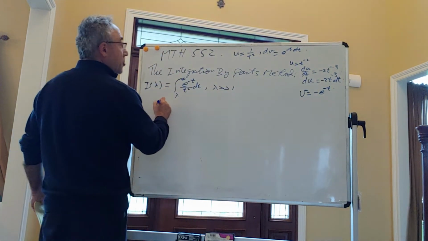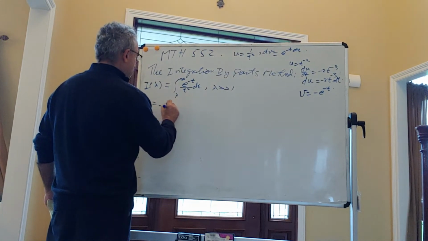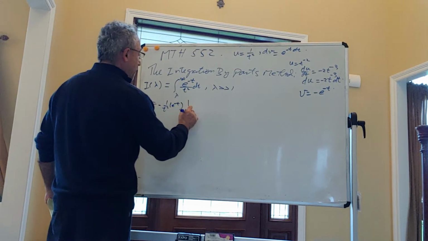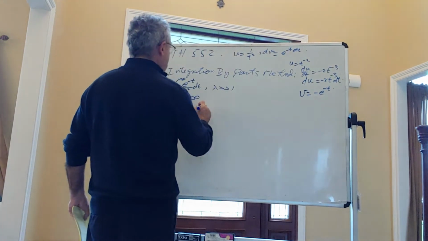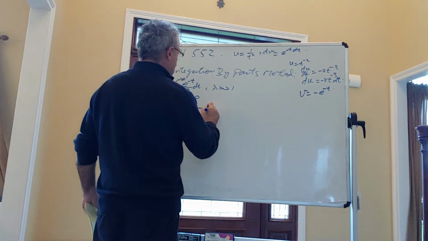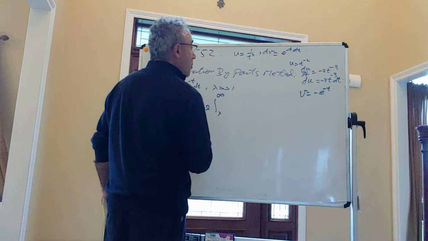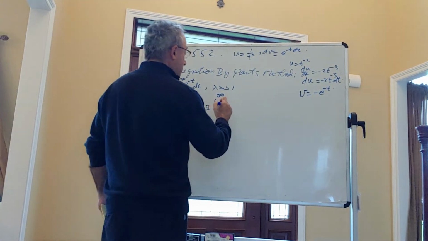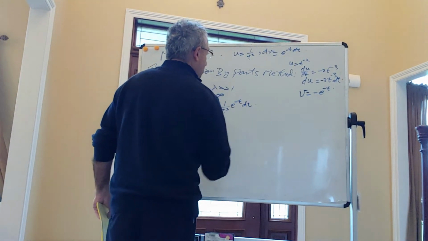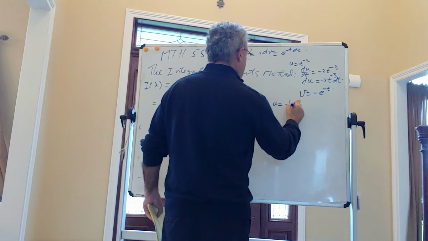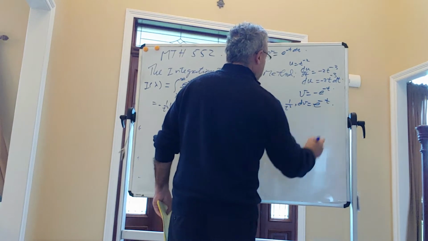All right, so this is what we have. This is equal to uv, where u is 1 over t squared times minus e to the minus t, from lambda to infinity, then minus the integral from lambda to infinity of v du, which is going to be minus 2 times the integral from lambda to infinity of 1 over t cubed e to the minus t dt. Again, we're going to let u equal 1 over t cubed, and dv is e to the minus t.